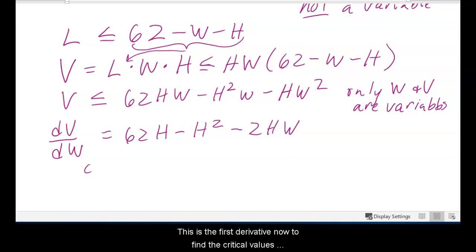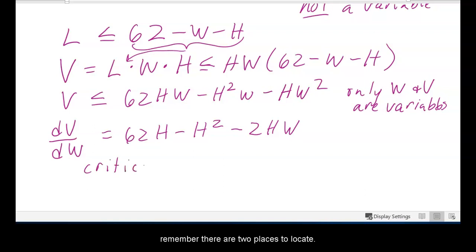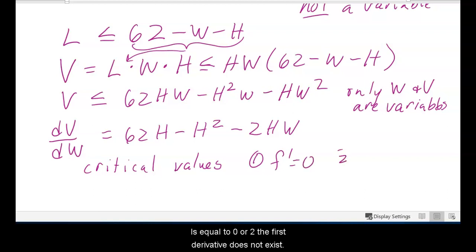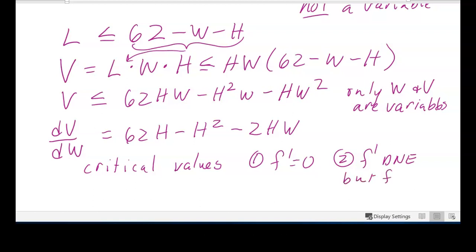Now to find the critical values, remember there are two places to locate critical values or critical points. One, that the first derivative is equal to 0, or two, the first derivative does not exist, but the function does exist.